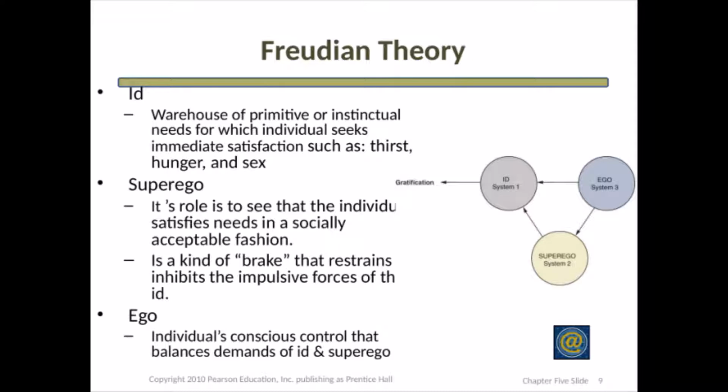So according to him, a human personality consists of three systems that you can see on the slide: the ID, the superego, and the ego. This is what Freudian theory is based upon. Okay, what are these?